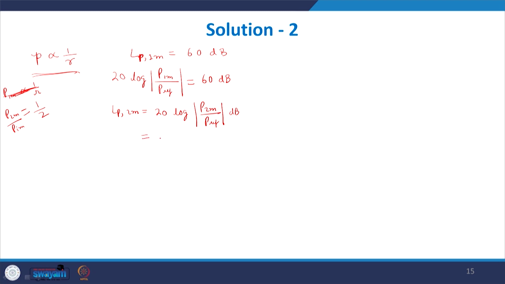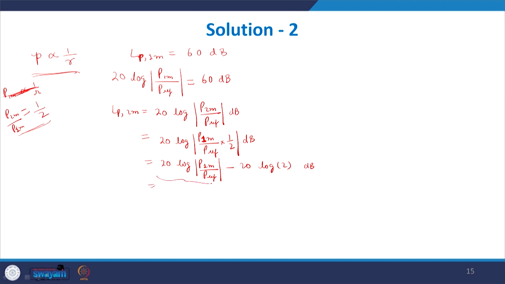So, this comes out to be 20 log P of 2 meters by P reference. P of 2 meters is now converted into P of 1 meter into 1 by 2 using this relationship. So what we get is 20 log P at 1 meter by P reference minus 20 log of 2 decibels.